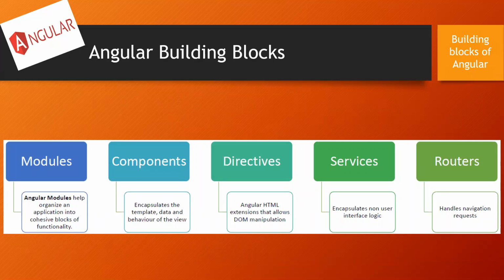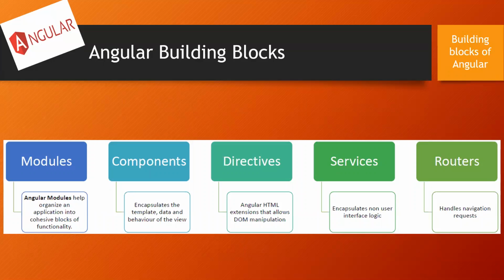Now Angular has some basic building blocks which I use to create an Angular application. Basically, there are 5 basic building blocks: modules, components, directives, services, and routers. Let's talk about modules. Angular modules help to organize an application into a clean structure.